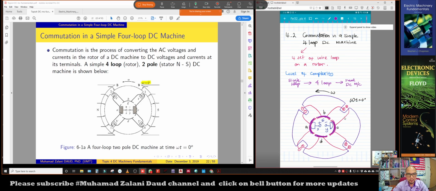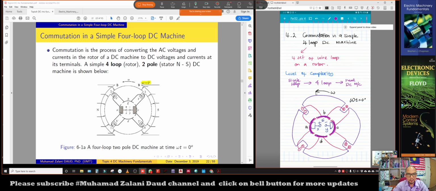This is a simple representation of a four-loop DC machine whose commutation process we are going to discuss. A real DC machine would of course be much more complicated, but for the sake of our calculation, it is easier to understand this way.